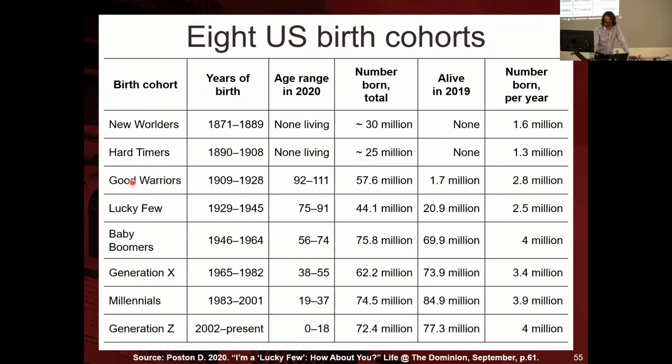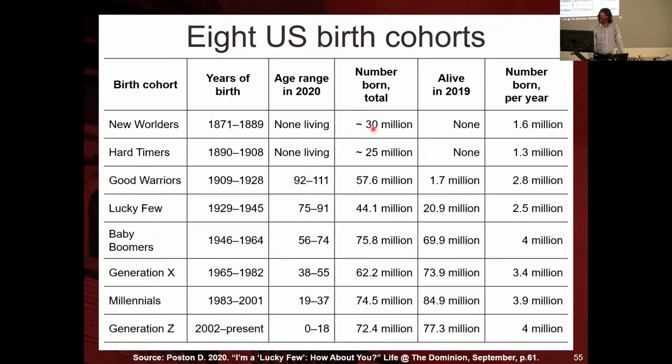So the Good Warriors are the Greatest Generation that we usually hear that term. The lucky few, baby boomers, Generation X, Millennials, and Generation Z that we mentioned before. And here, just to give an idea of the range of years when they were born, the age range that they are right now in 2020, we are already in 2021.